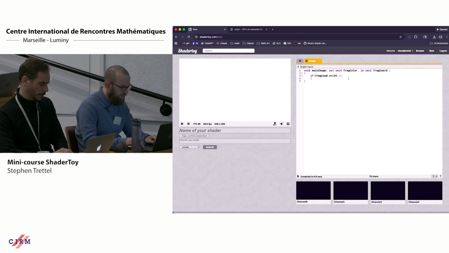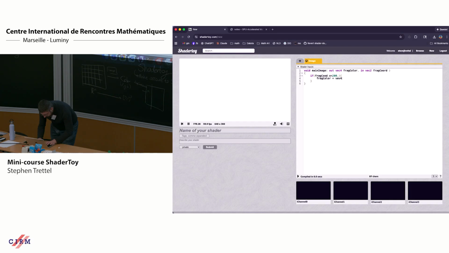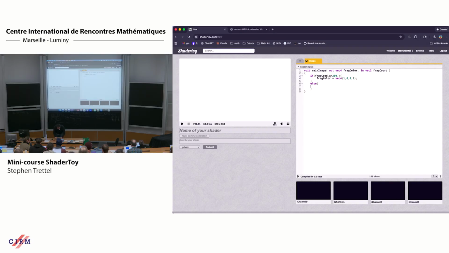Then I'm going to set the color to something. Let's set frag color equals vec4. Let's make it red, 1, 0, 0, 1. And then the curly braces give me what I want to do when frag coord.x is less than 200, and then else, I'm going to color it something else.